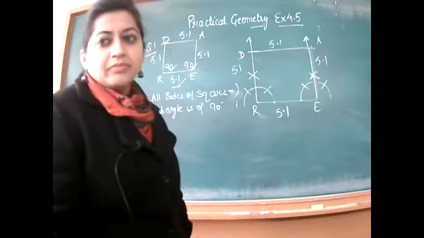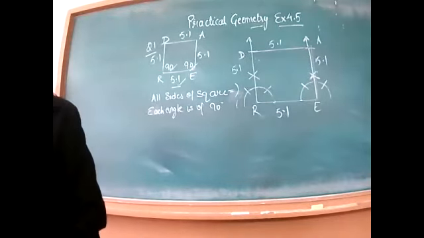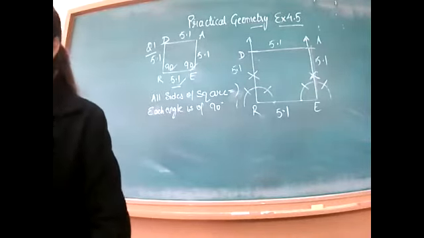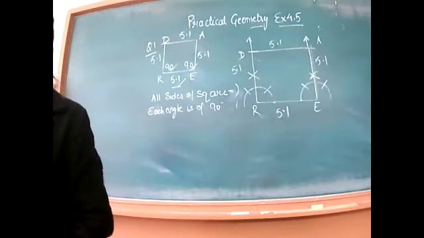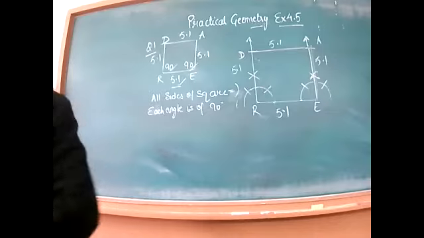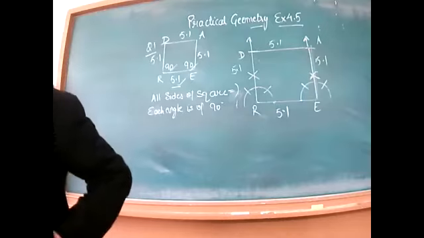Let's read the next question. A rhombus whose diagonals are 5.2 centimeter and 6.4 centimeter long. Can you tell me how you will draw this? The diagonals of the rhombus are given, but the sides are not given. Ma'am, firstly, we will take a line segment of 6.4 centimeter.